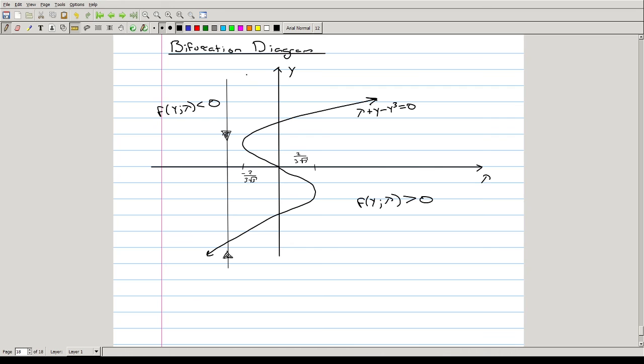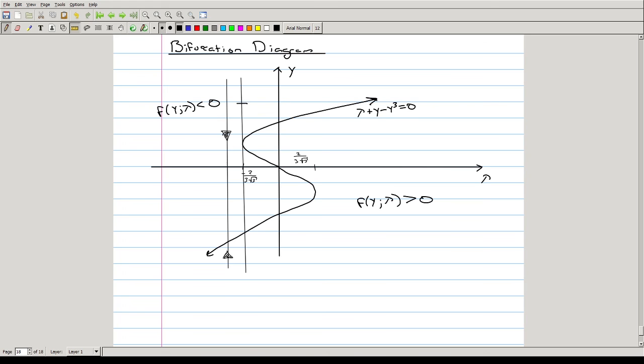At the switching point, negative 2 over 3 root 3, we have the appearance of a new critical value.